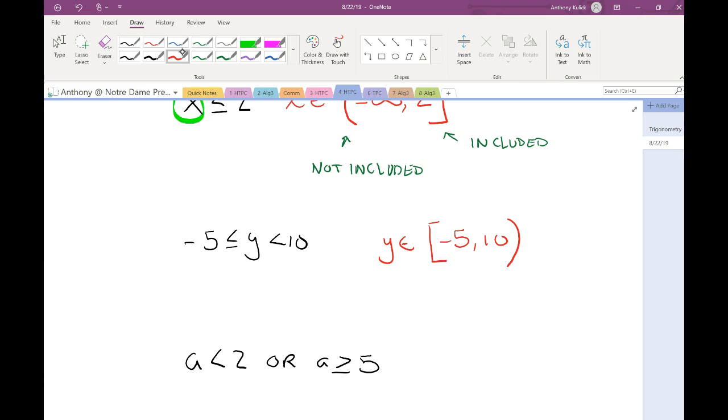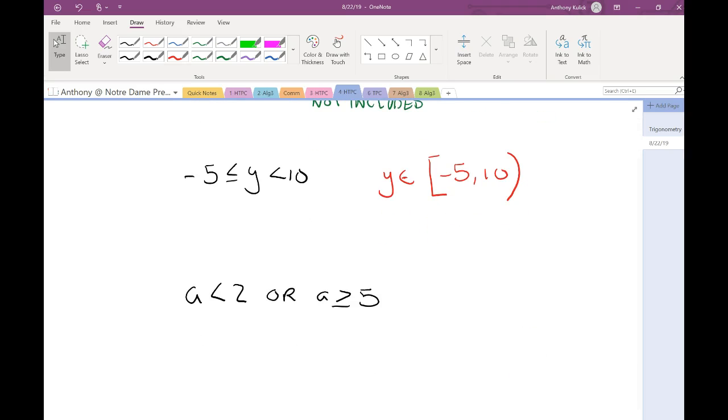So here we have an OR inequality. Does anyone remember how we deal with the OR inequality, or what symbol we use to deal with that OR from last year? Okay, that's okay.